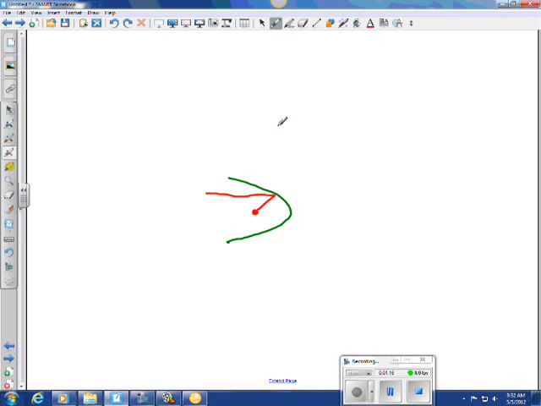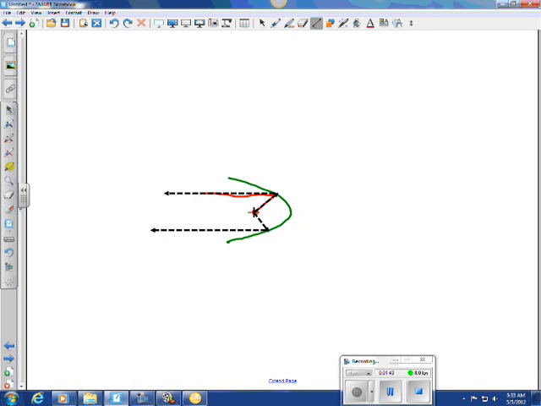Okay, let's do those with some lines, make it a little clearer. Okay, if the line came in like this, it would bounce out like that. And if the light came like so, it would bounce out like that.